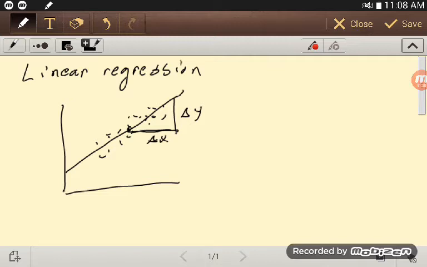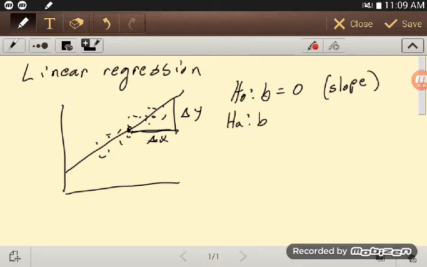Okay, so our H0, our null hypothesis, will be that, now you're used to using an M, they often use a B or beta, and so I'm going to say B is equal to 0, that's the slope, and the alternative is that B is not equal to 0.